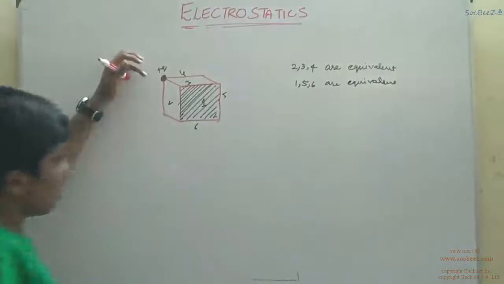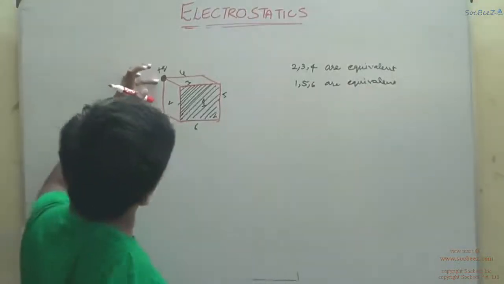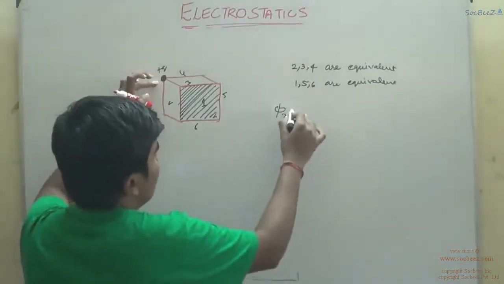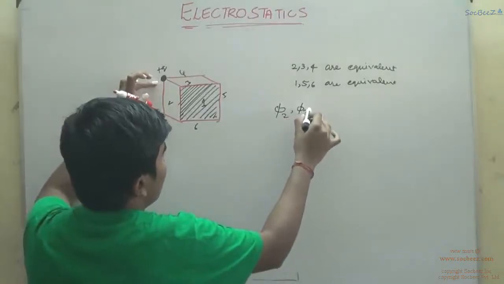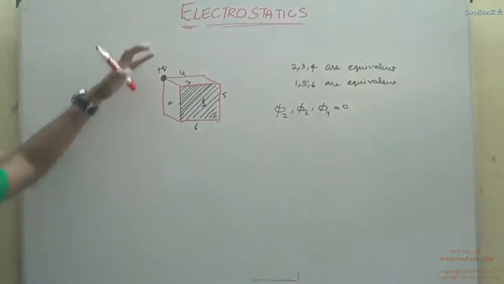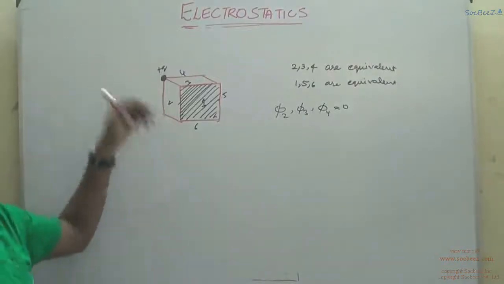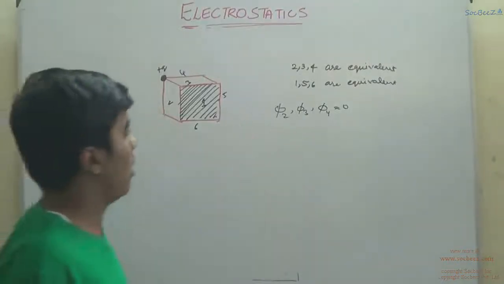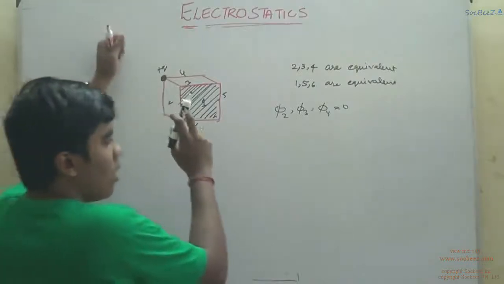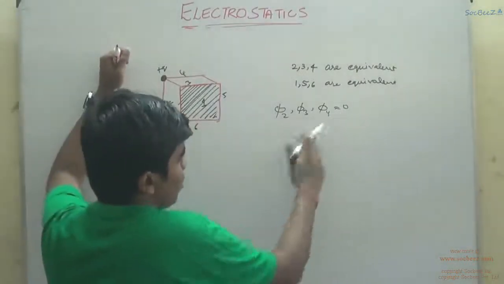Since the charge is here, the field lines passing through faces 2, 3 and 4 will be grazing them, and thus the electric field dot product with the area will be 0.